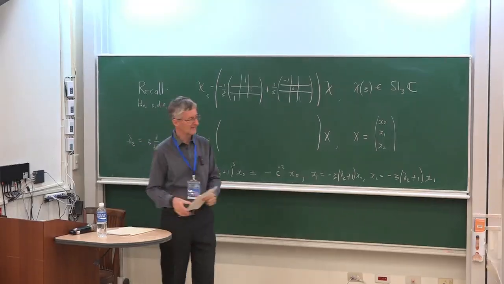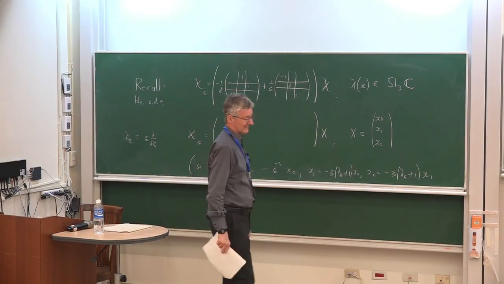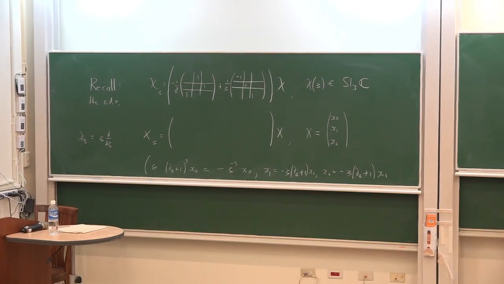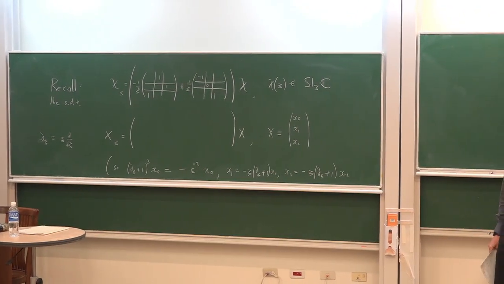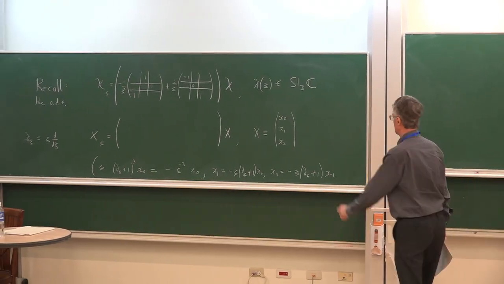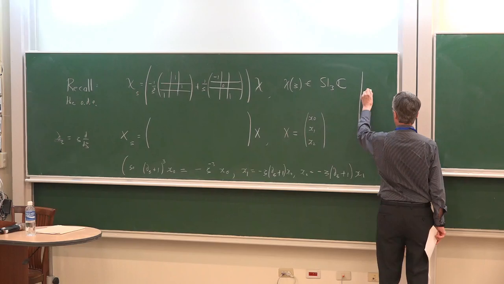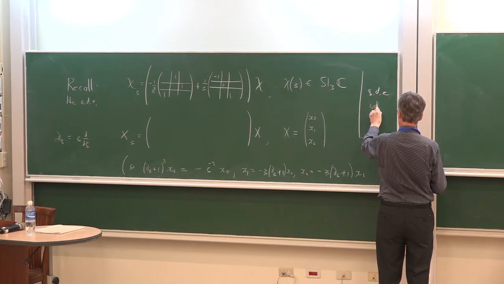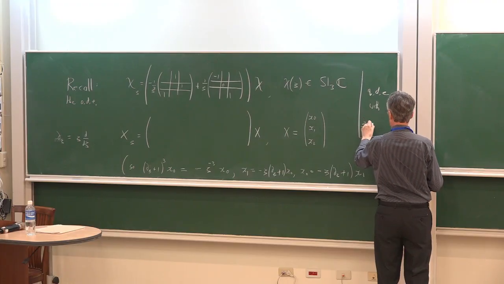Good, so here's the equation that we were considering. Recall the differential equation from last time. This differential equation is the quantum differential equation transformed. So it's basically the quantum differential equation with a new variable, right?